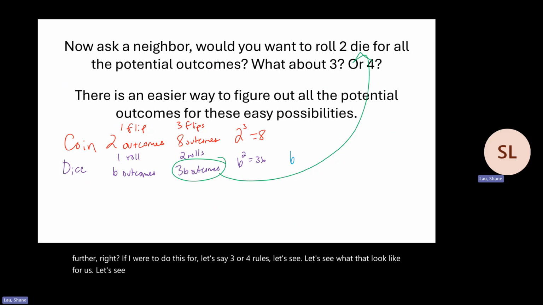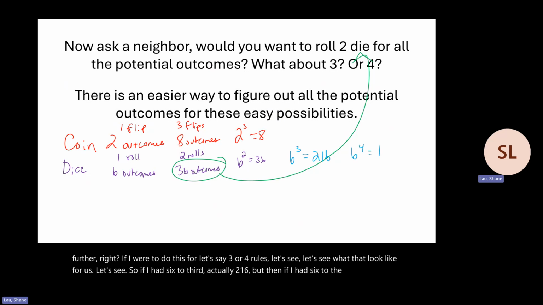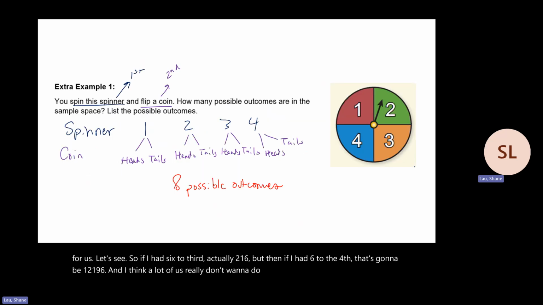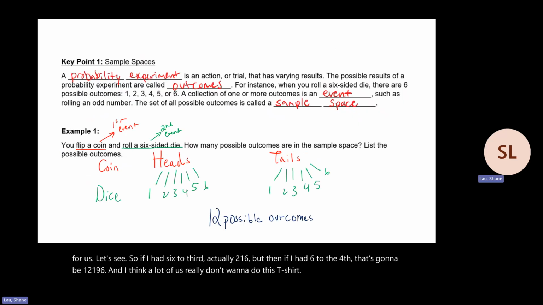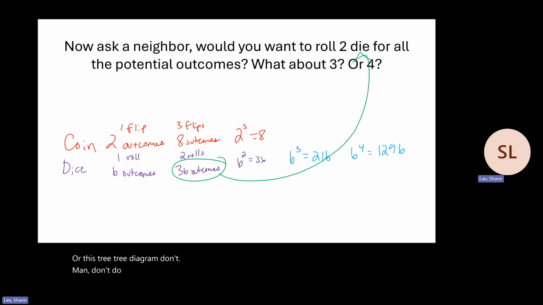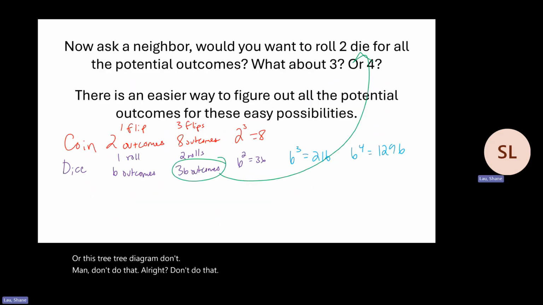So if I had 6 to the third, that's going to be 216. But then if I had 6 to the fourth, that's going to be 1296. And I think a lot of us really don't want to do this T chart or this tree diagram. Don't do that. Don't make it more difficult on yourself.